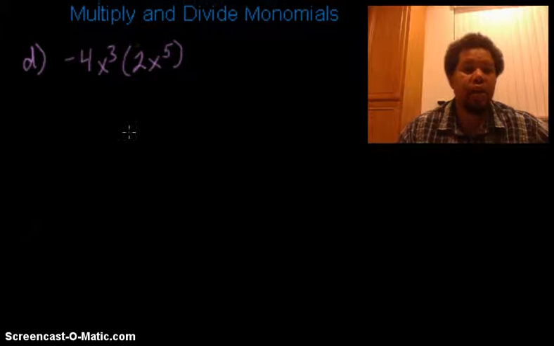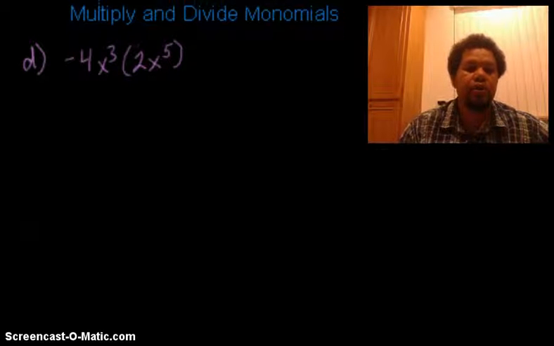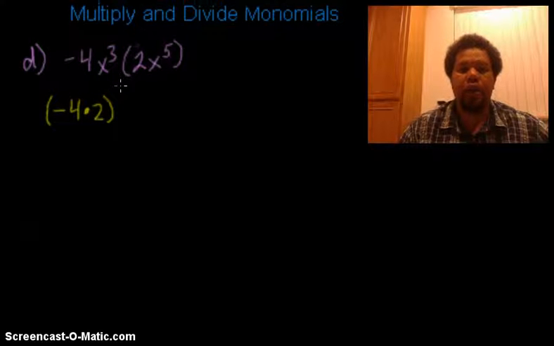Now, monomials can have a product of a number or a constant and a variable, like in this example. So how do we deal with this situation? Well, we're going to multiply the negative 4 times the 2 together, kind of using the commutative property here.